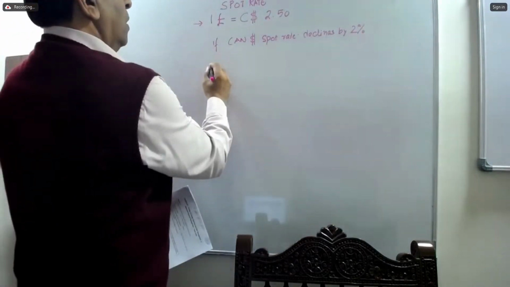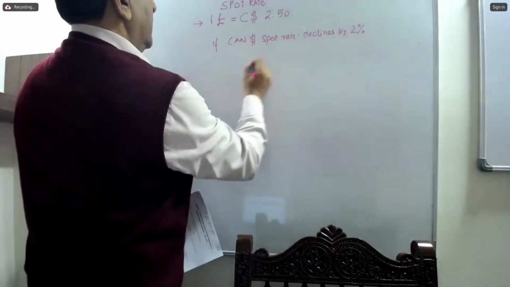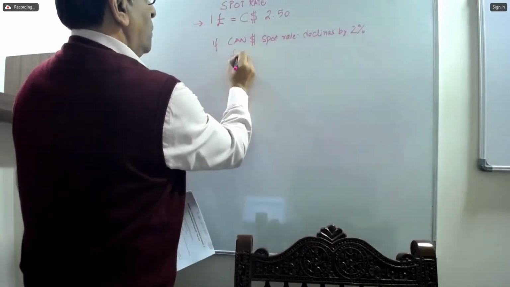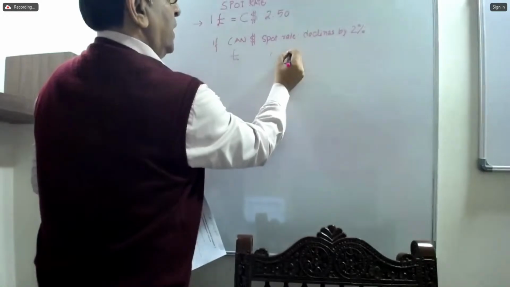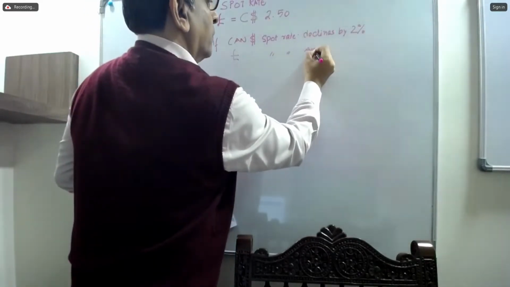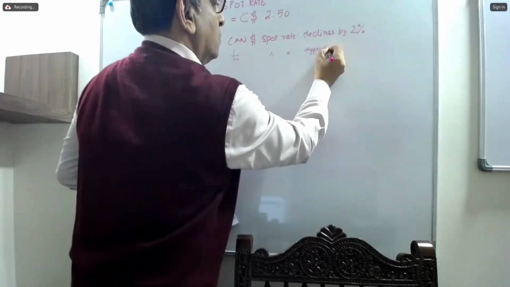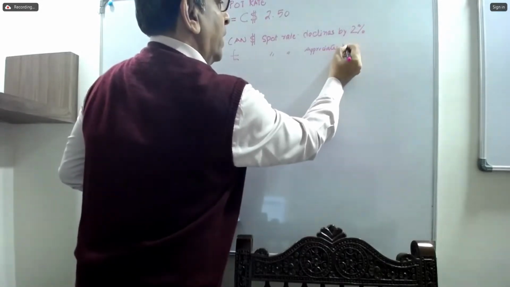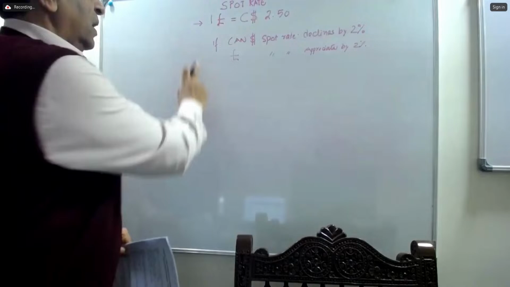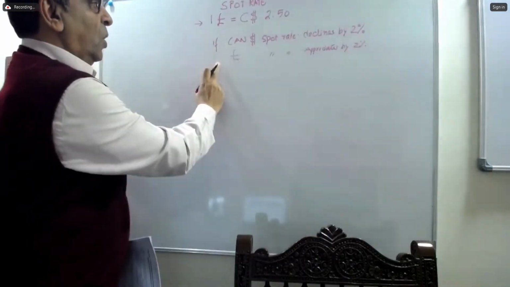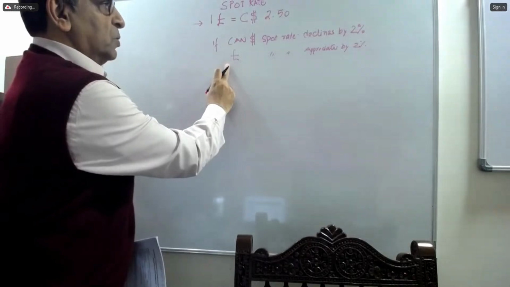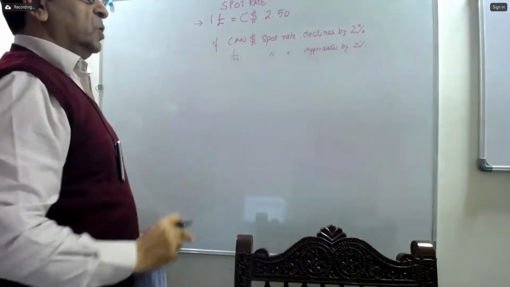Now, which means if the Canadian dollar spot rate declines, we can even say the pound spot rate appreciates by 2%. So this is one and the same thing. Either the current spot rate declines by 2%, or the British pound appreciates by 2%. So if the British pound is going to appreciate, that means the Canadian dollar is going to decline.